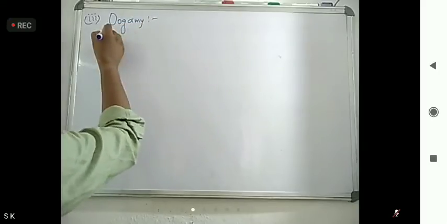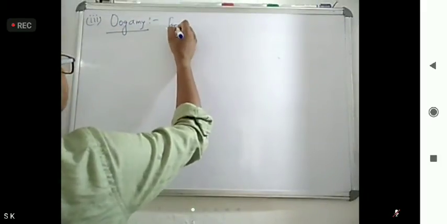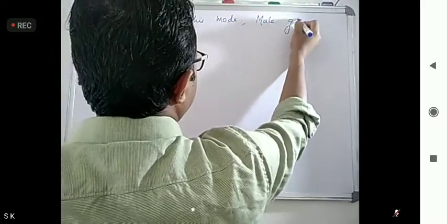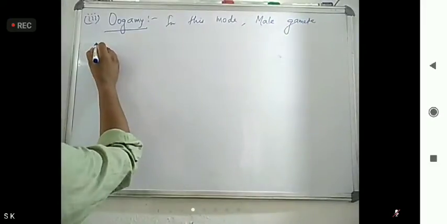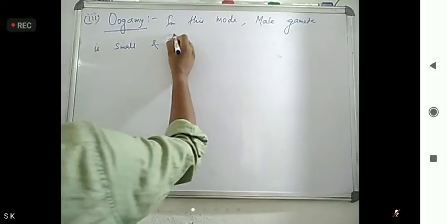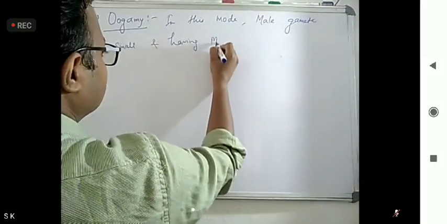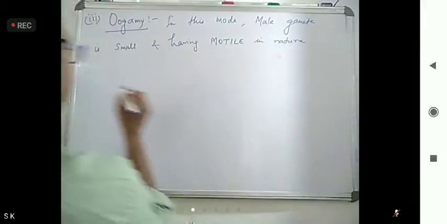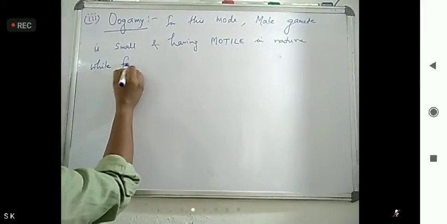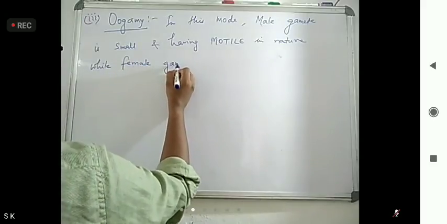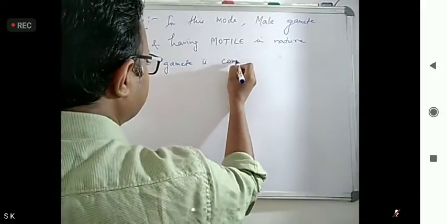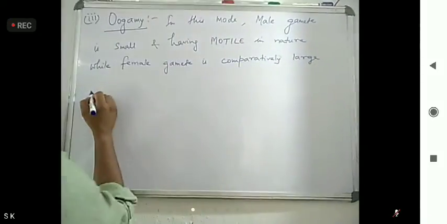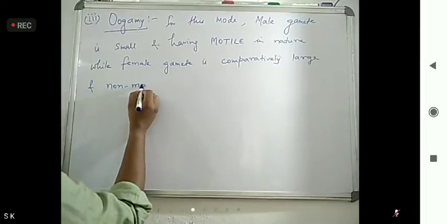Next is oogamy. Oogamy means in this mode, the male gamete is small and motile in nature, while the female gamete is comparatively large and non-motile in nature.